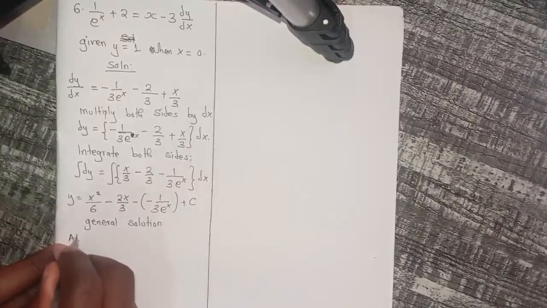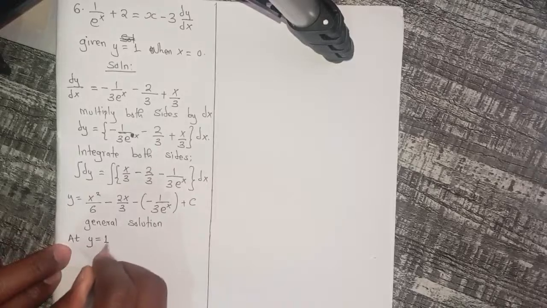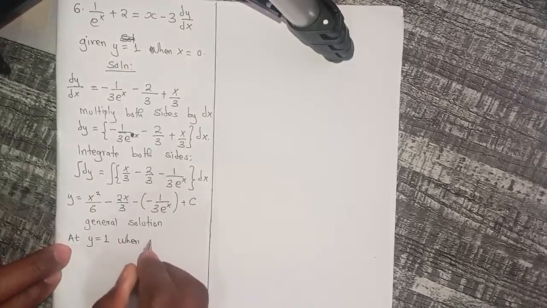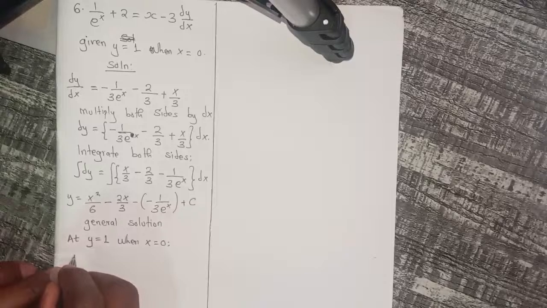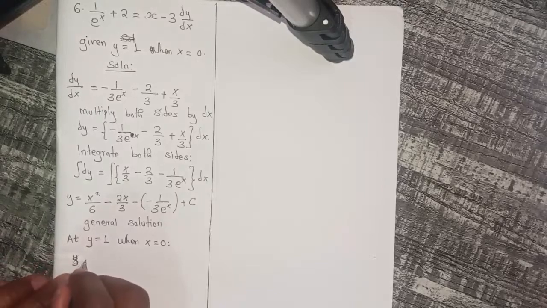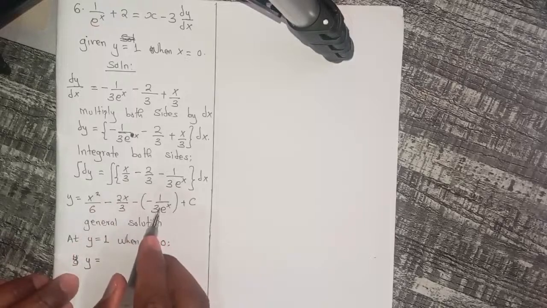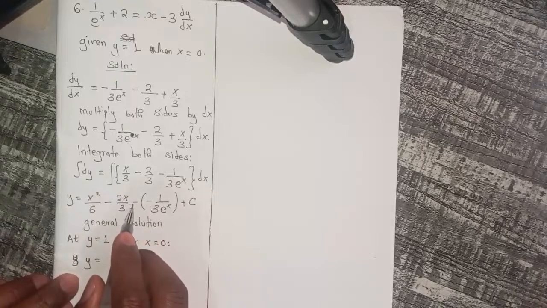Now y equals 1 when x equals 0, that is our boundary conditions. So that one will give us our particular solution. So we can therefore say that y is equivalent to, first we simplify what we have here.